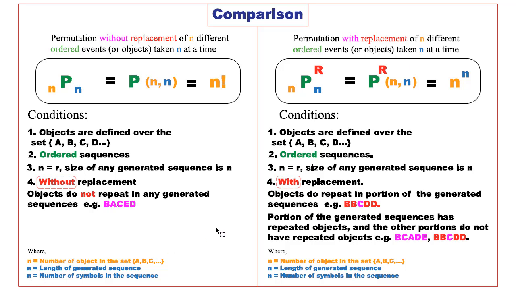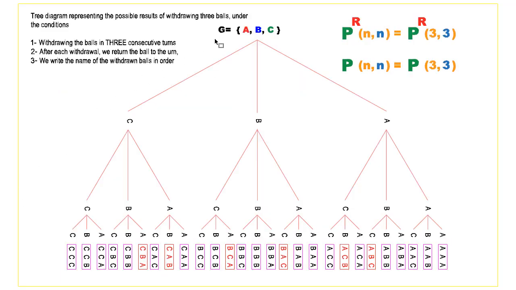Now there is an interesting relation between P(n,r) and P(n,n) that we are going to find in the next slide. Here we are using 3 objects to permute, and we are permuting these 3 objects 3 times with replacement, and we are going to get all these sequences.